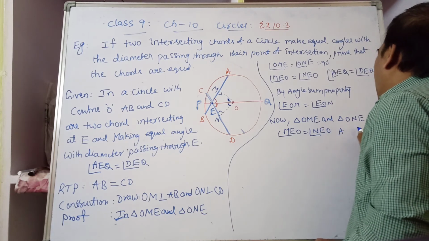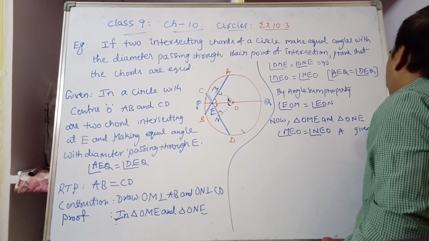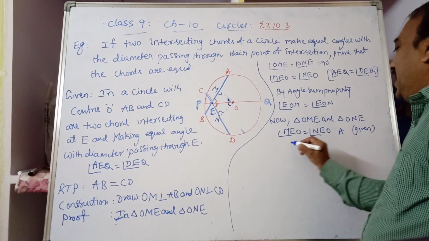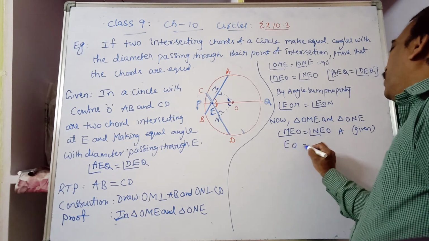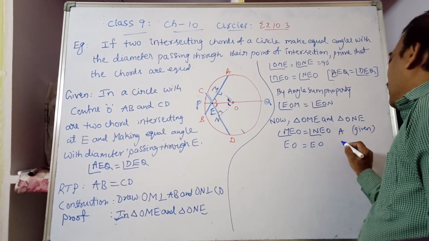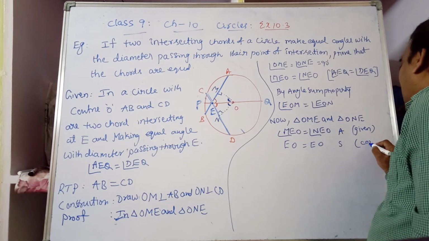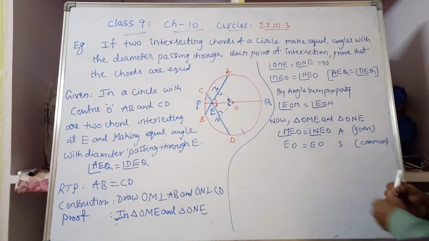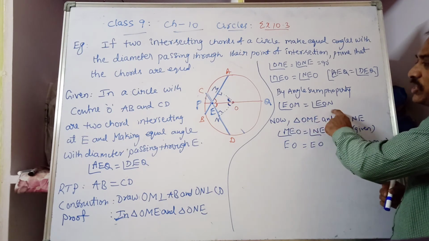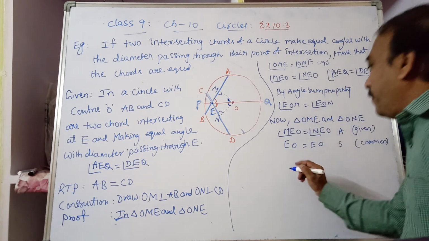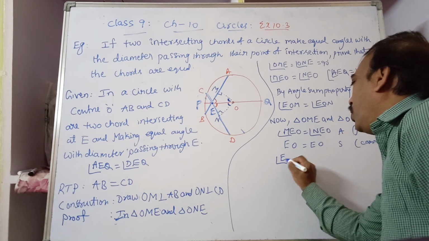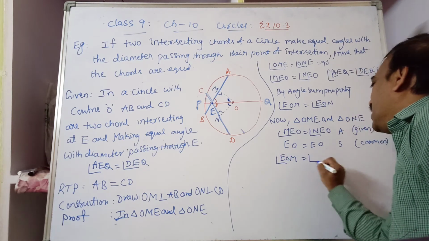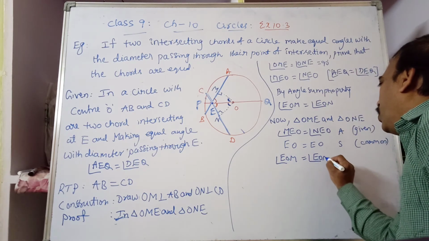This is the angle which is given. Next, EO is equal to EO. That is a side common in both the triangles. Now we just proved angle EOM is equal to angle EON.